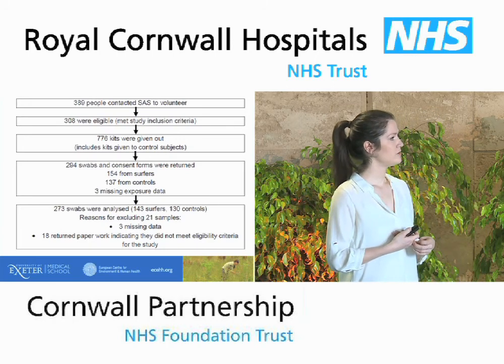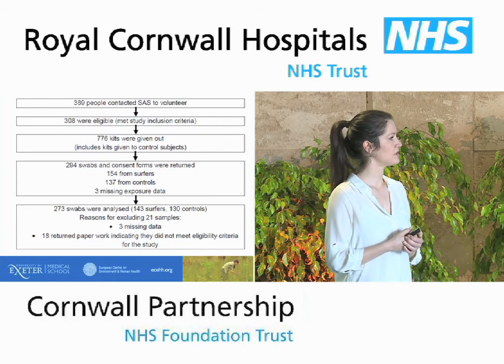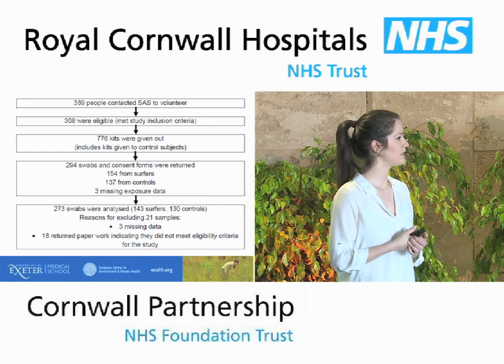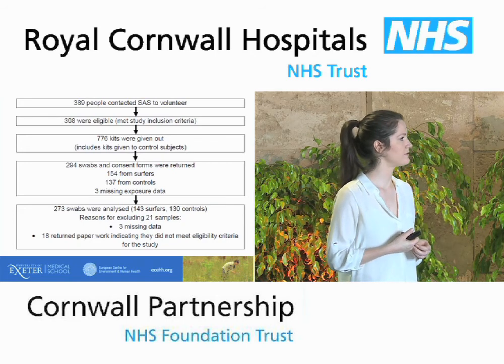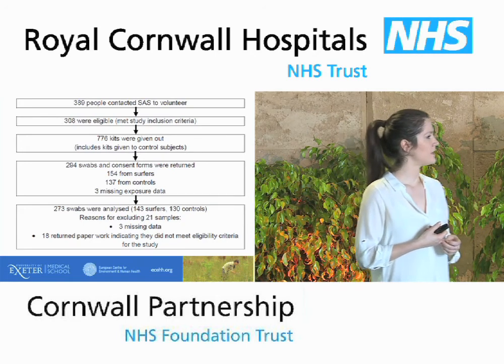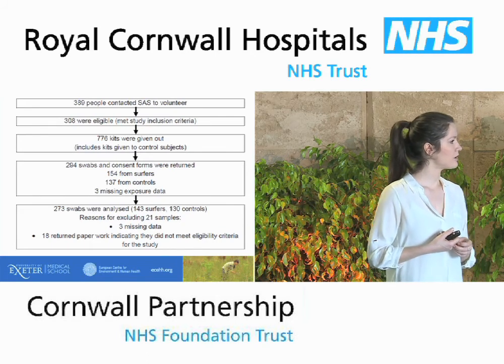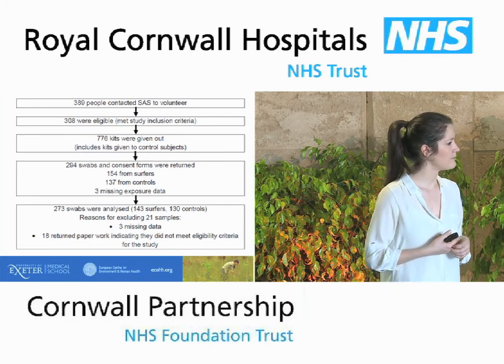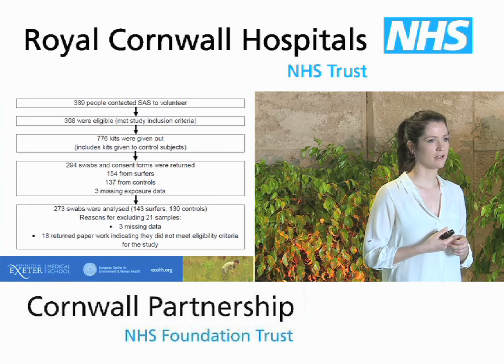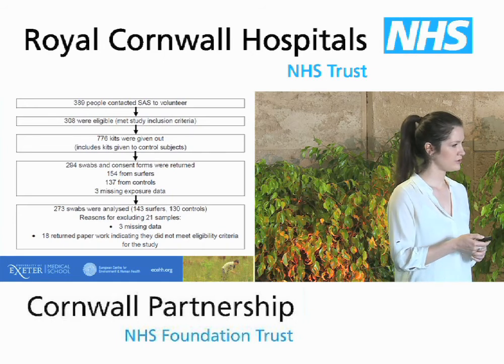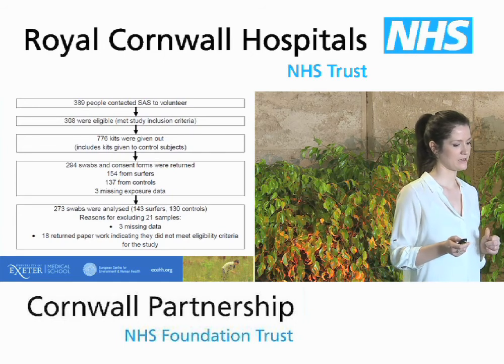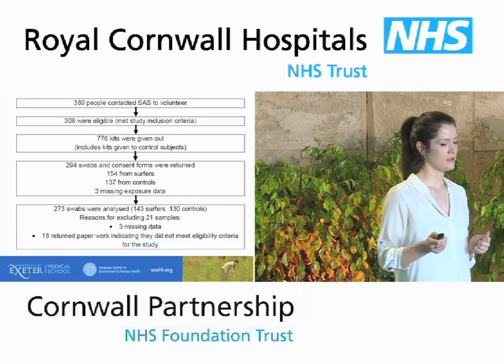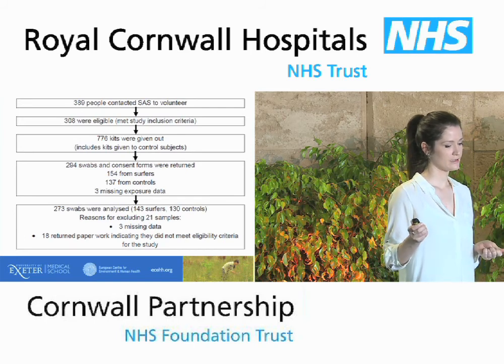So we got nearly 300 swabs and questionnaires, a fairly even split between surfers and controls. But we had to let some of them go because they did actually write on their paperwork that they weren't actually eligible. So we had 273 swabs analysed, 143 from surfers, 130 from controls.